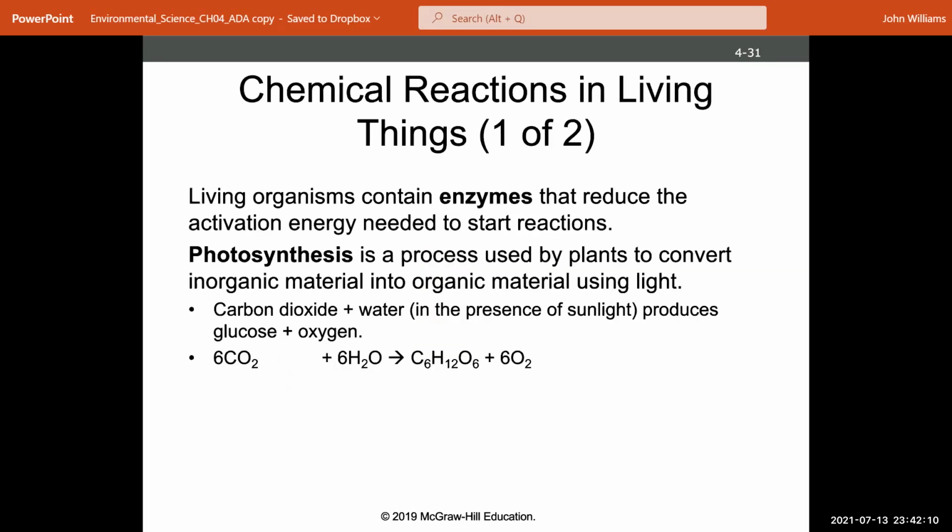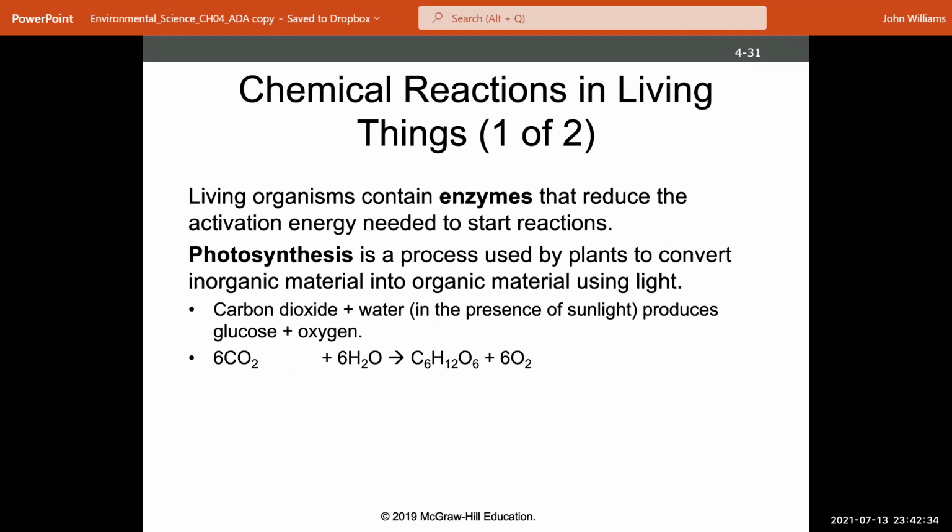Chemical reactions happen in living organisms, and like I mentioned, the enzymes are the catalysts that reduce that activation energy. And photosynthesis is one of the big chemical reactions that happen in plants. Basically, plants take inorganic energy through photon packets, so sunlight.